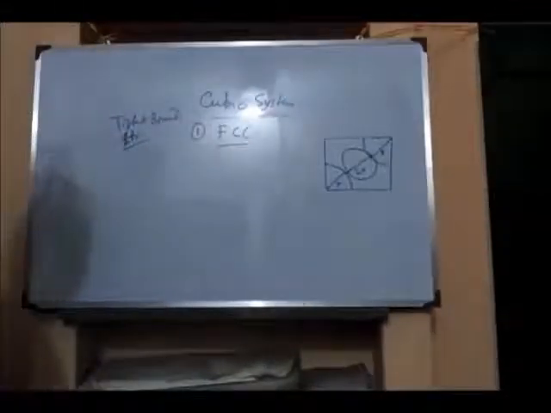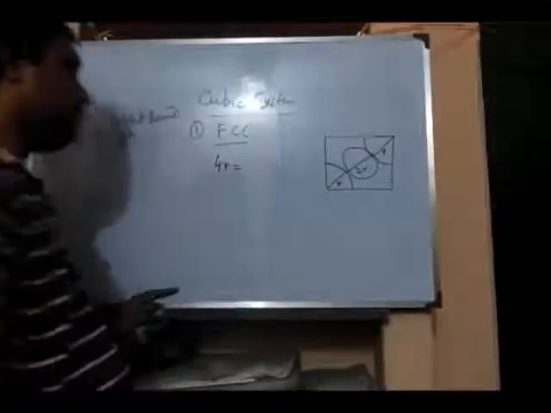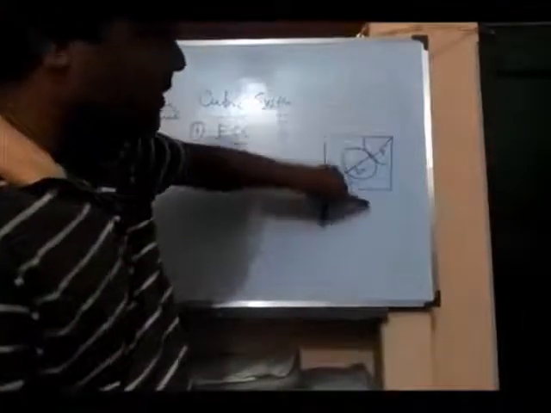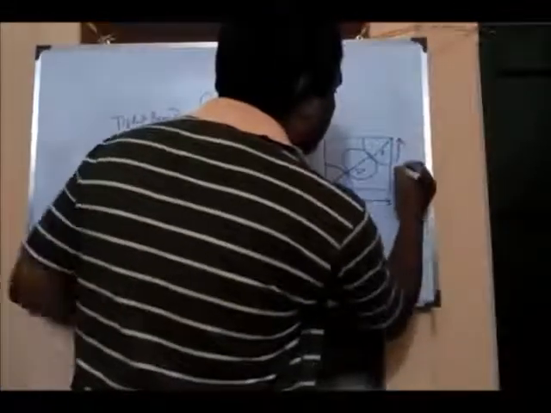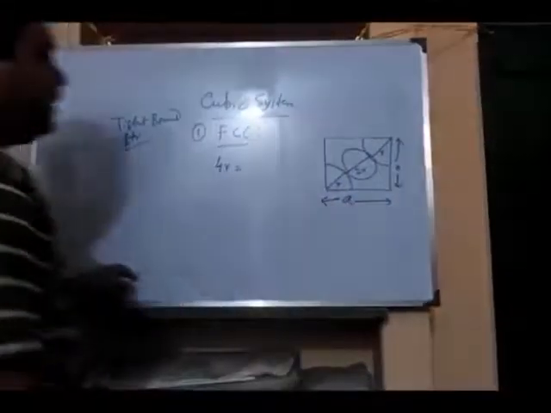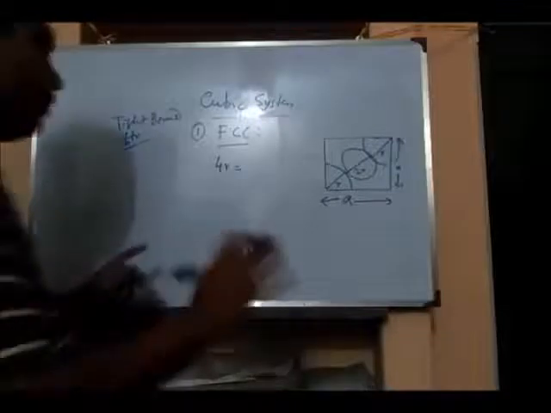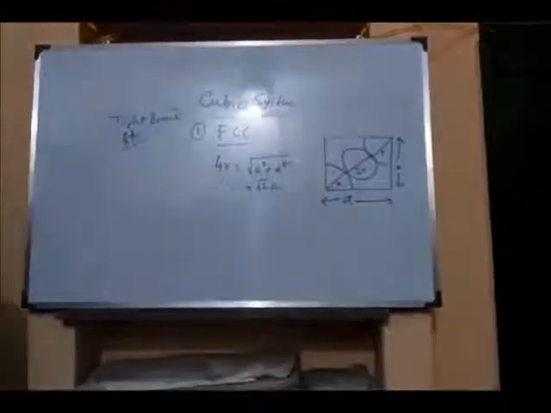So 4 times r, this distance will be equal to just the diagonal of this face. Okay, so if this cube has length a, then 4r will be equal to the diagonal. So root over a square plus a square, so root 2 a, right?